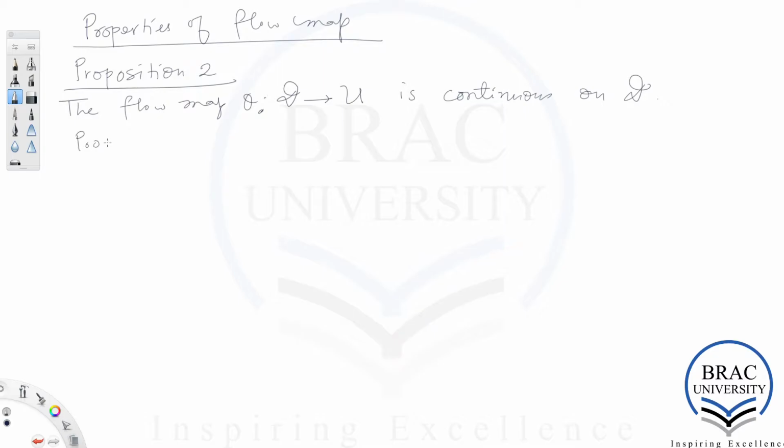Proposition 2 states that the flow map theta from the domain calligraphic D to big U is continuous on calligraphic D.